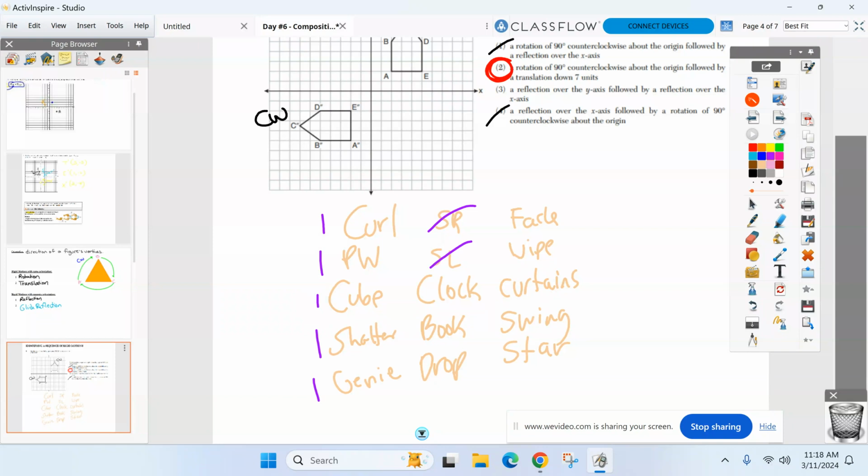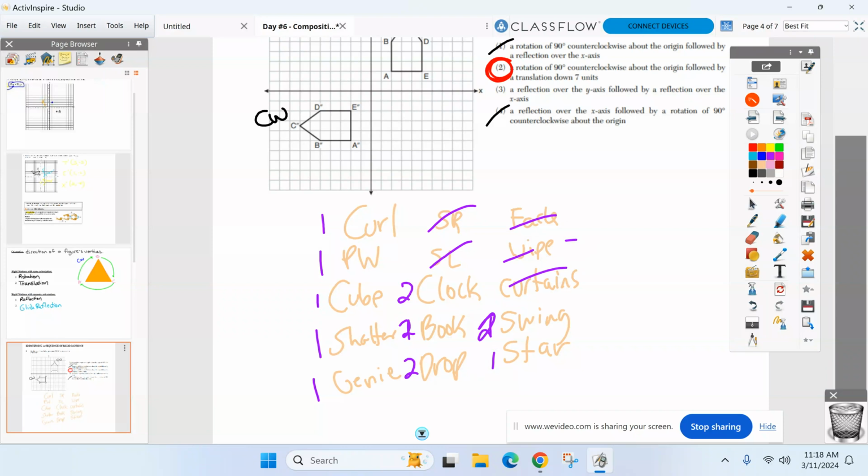Clock. There we go. Book. Drop. There were 2 votes for the book. Yeah, there was Haley and Gianna. Drop. Fade. Wipe. Curtains. Swing. Star. Star.